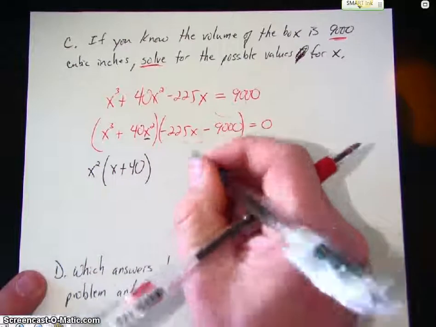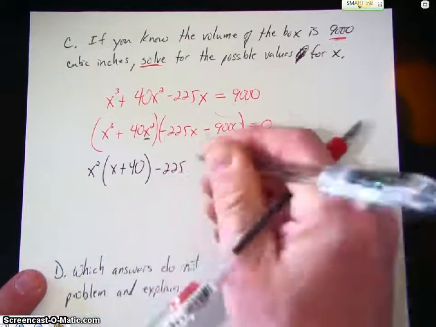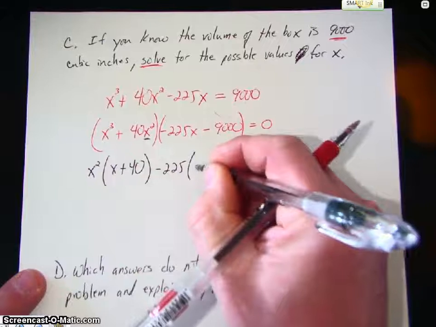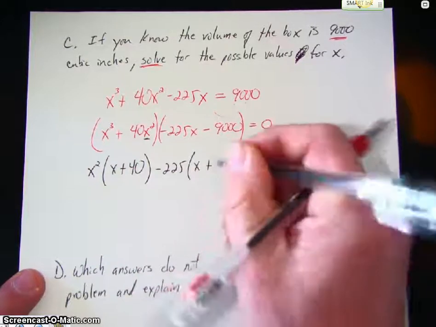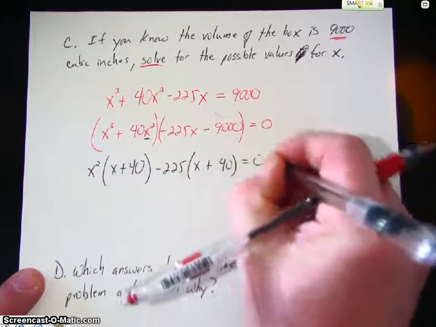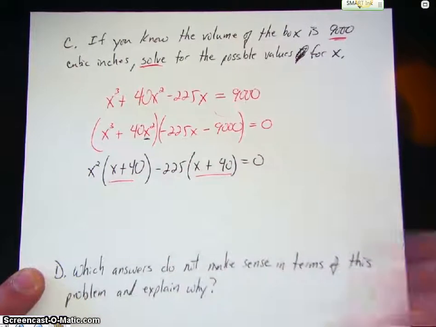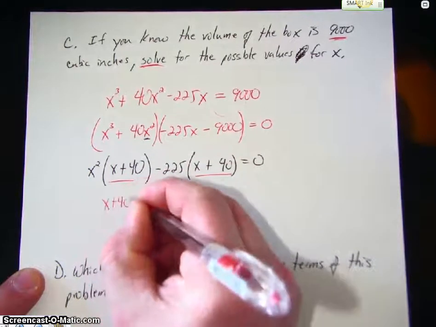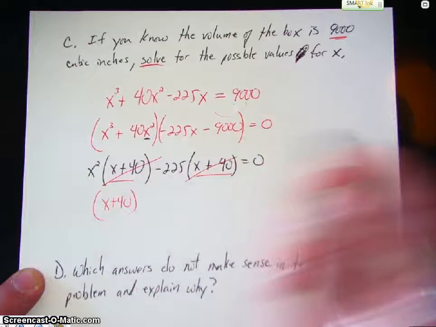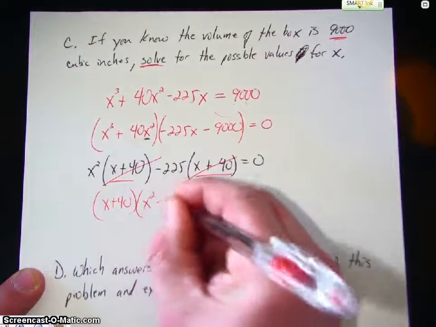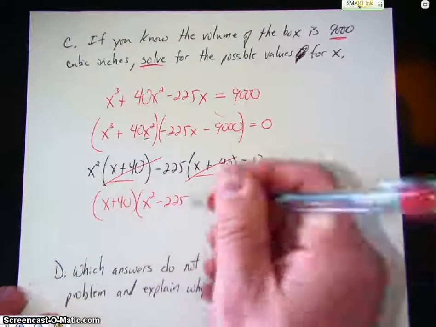On the second group, I can factor out negative 225. So that gives me x plus 40. Okay. Notice these are the same, so that means I did it correctly. So I write that. Cross those out, and what I have left over is x squared minus 225.